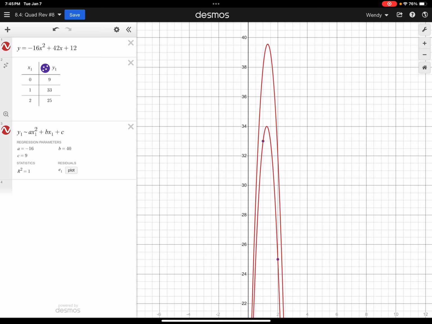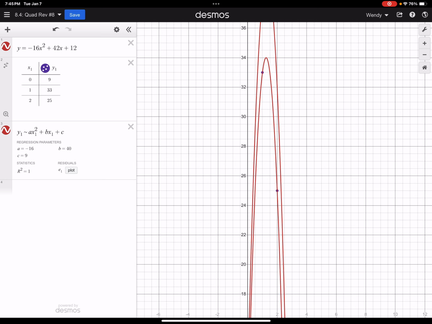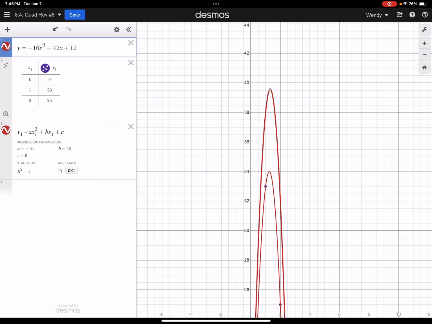Once you enter in this equation, it's going to show you this information right here. What you're actually looking for is the vertex here, and the vertex there. The vertex here is 39.6, and the vertex here is 34.